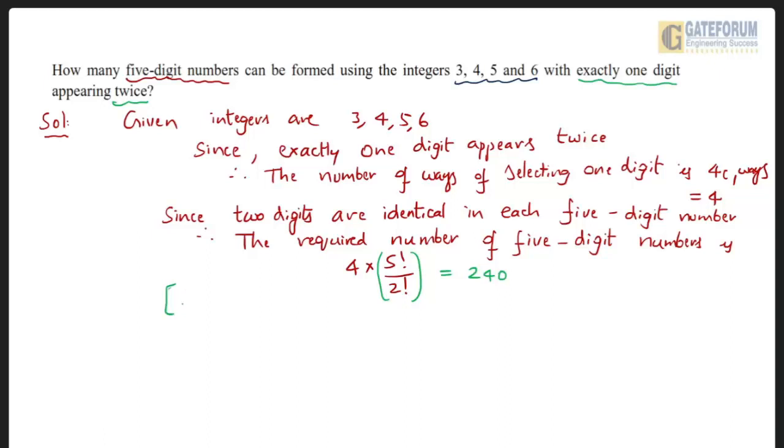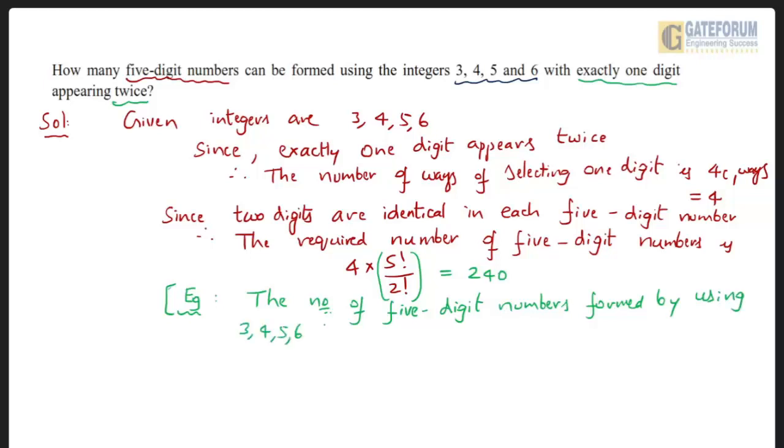So I can give the explanation here. Example: the number of five-digit numbers formed by using 3, 4, 5, 6 is 5 factorial by, that is 3, 3, 2 factorial ways.